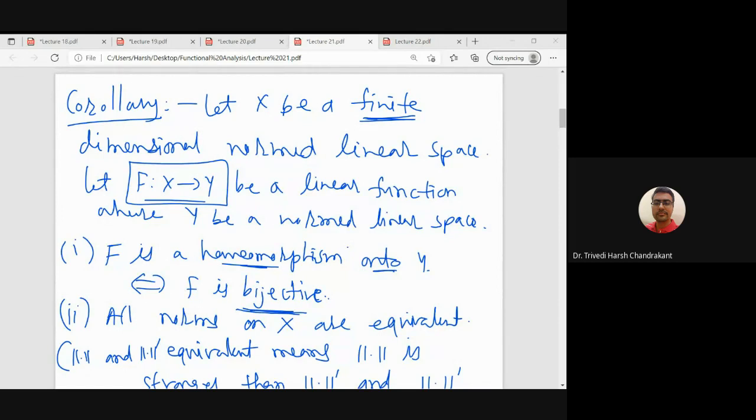If f is bijective, then f is continuous. So what is the hypothesis? Hypothesis is that X is finite dimensional. So we discussed one result that if we have a linear function defined on a finite dimensional normed linear space, then that is always continuous. So that we are going to use here.